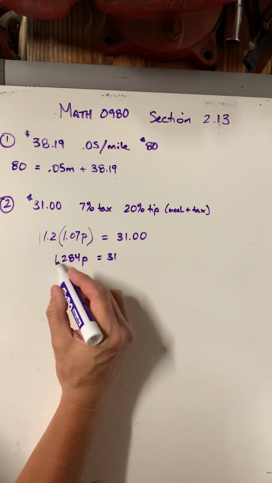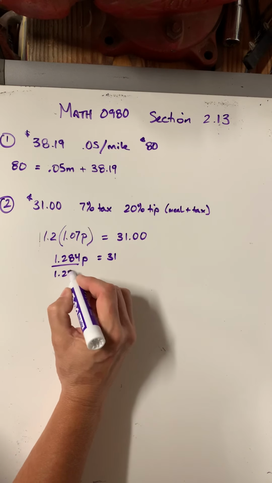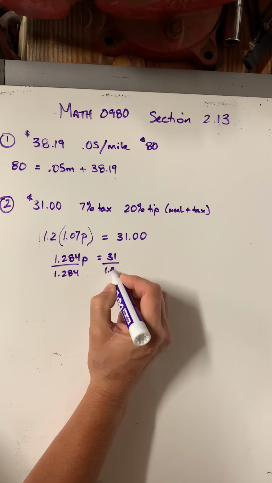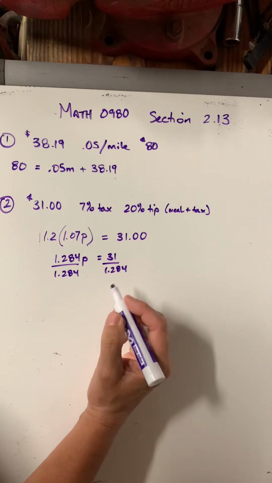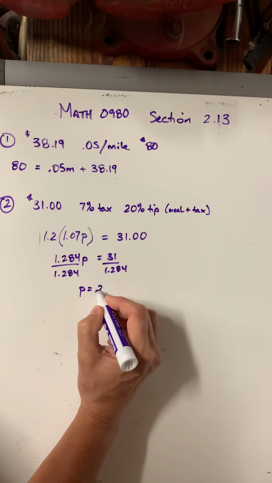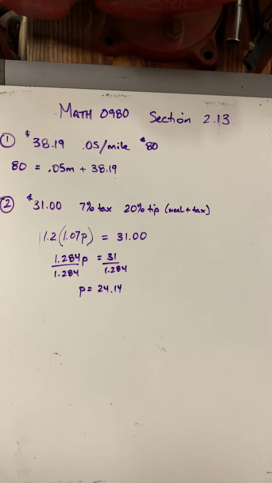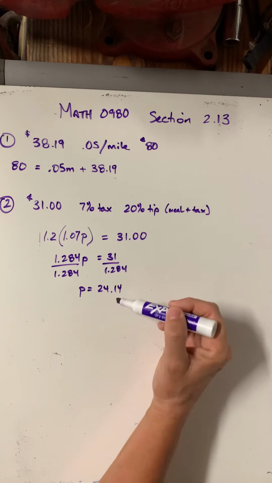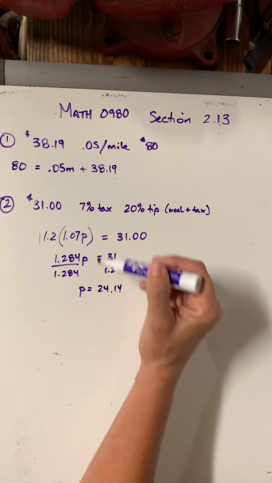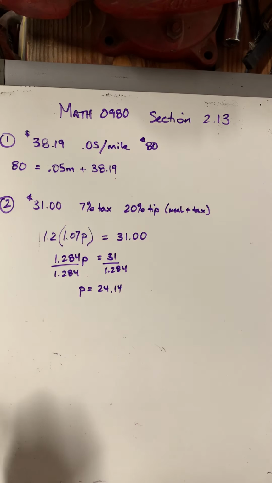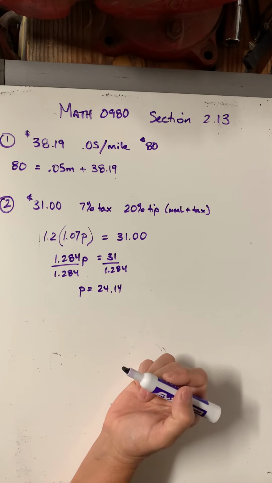So divide 31 by 1.284, and you'll get P equals 24.14. So her meal price could not exceed 24.14, which gave her room to tack on a 7% tax and then tack on a 20% tip to the meal and tax price.